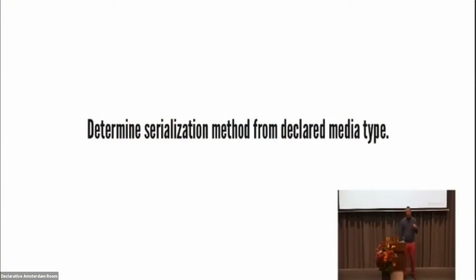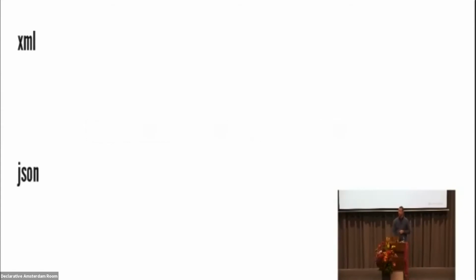And now we want to respond to that. And we want to determine the serialization method from the returned content type or media type. There's XML and JSON, obviously. And okay, of course, application XML will be serialized as XML.